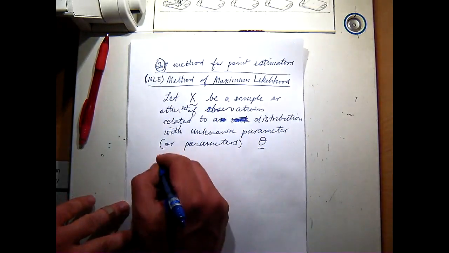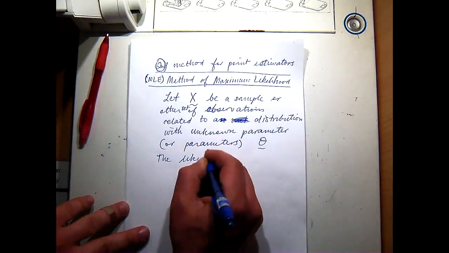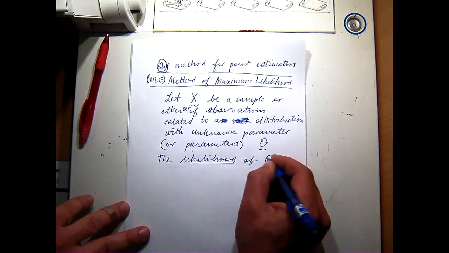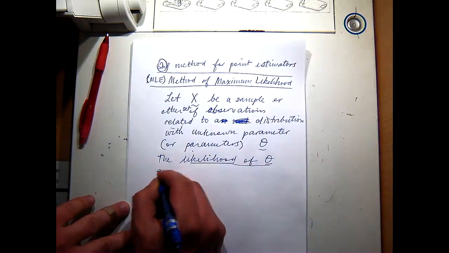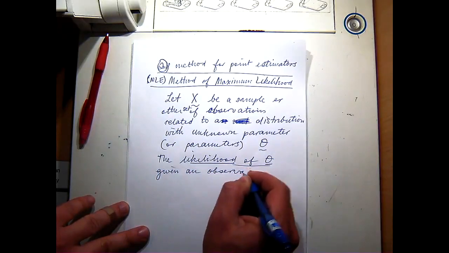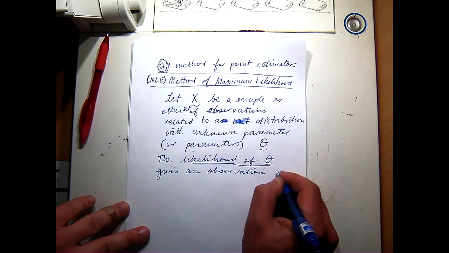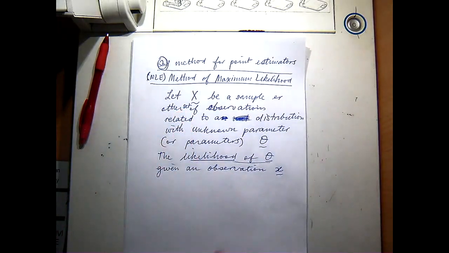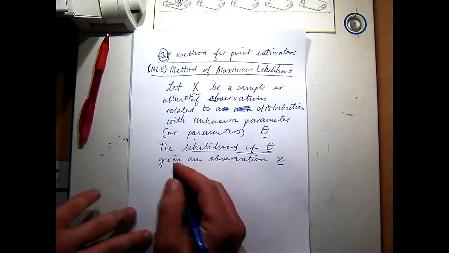Okay, the likelihood of theta given an observation x. I'm using lowercase for the observation because capital X is random and lowercase x is the actual numbers, just a specific observation that it could be.